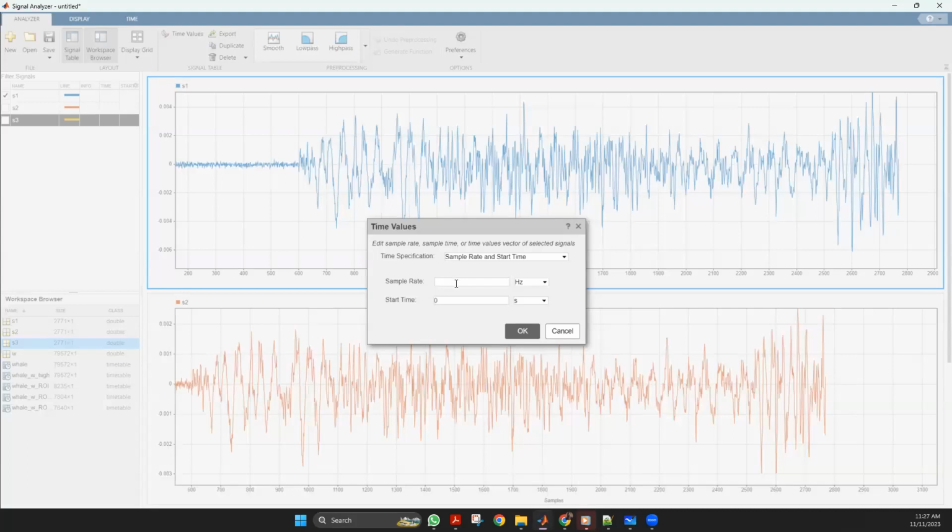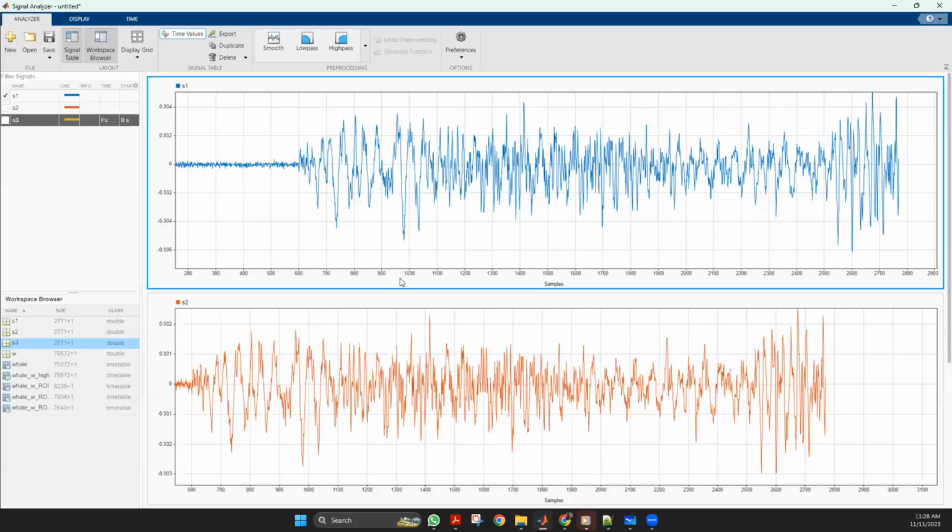Then I can give this as a sample rate, starting time as 0. Sorry, I think I need to type it, 11,025. I can't copy paste it, so you have to put the value there.